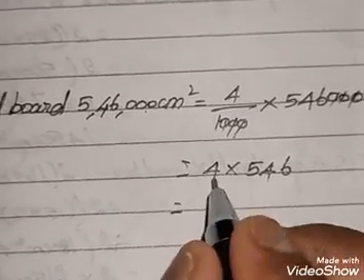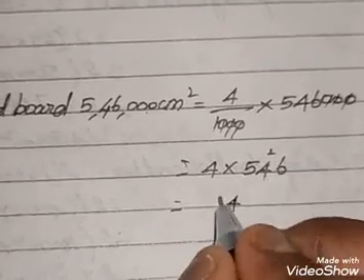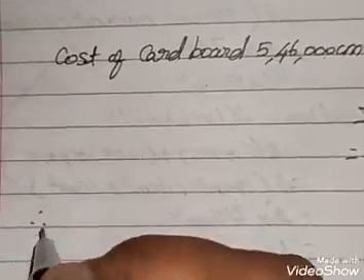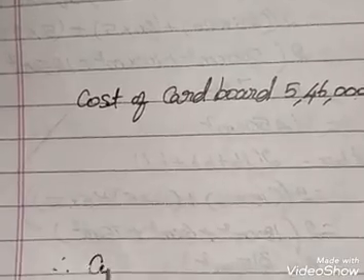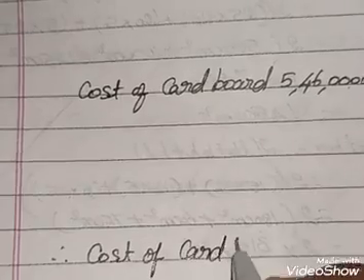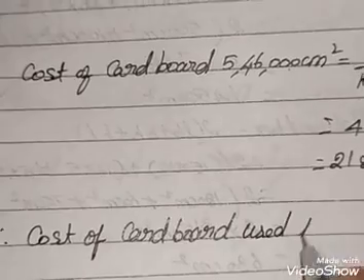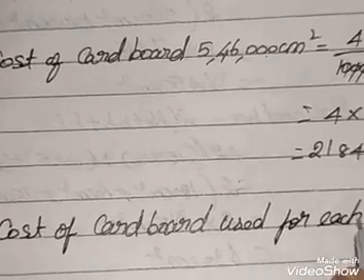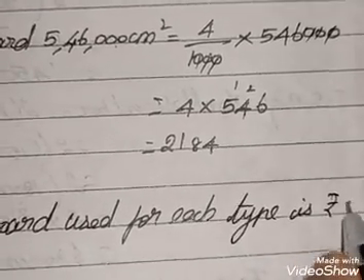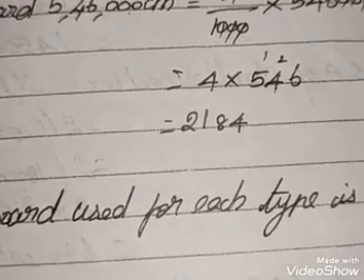Multiplying as usual, 4 sixes are 24, 4 fours are 16, and so on, we get 2184. So the cost of cardboard used for both types is 2184 rupees.